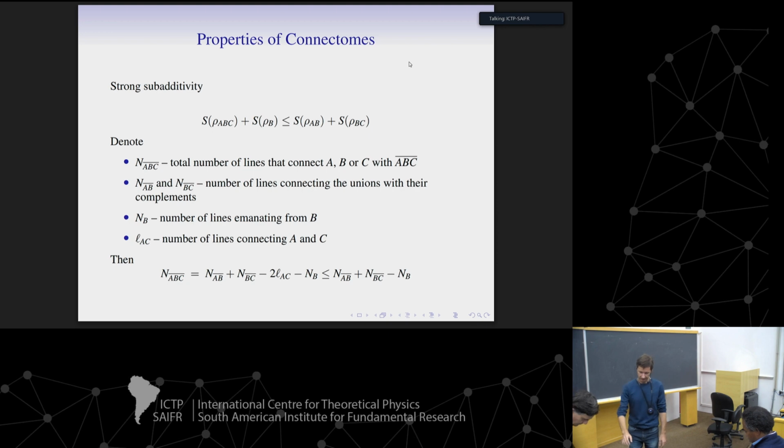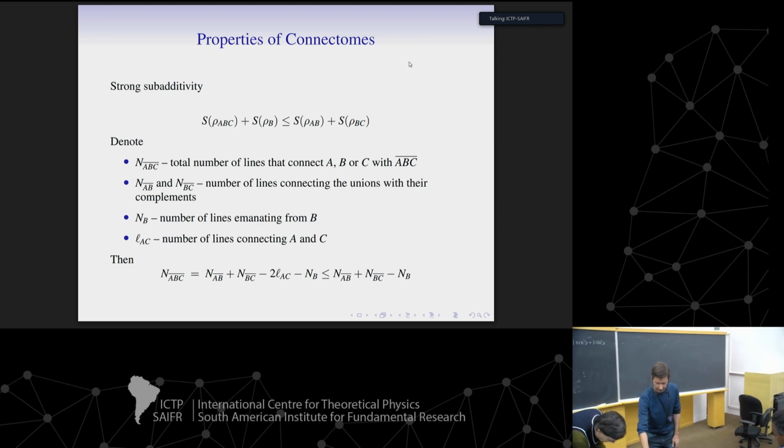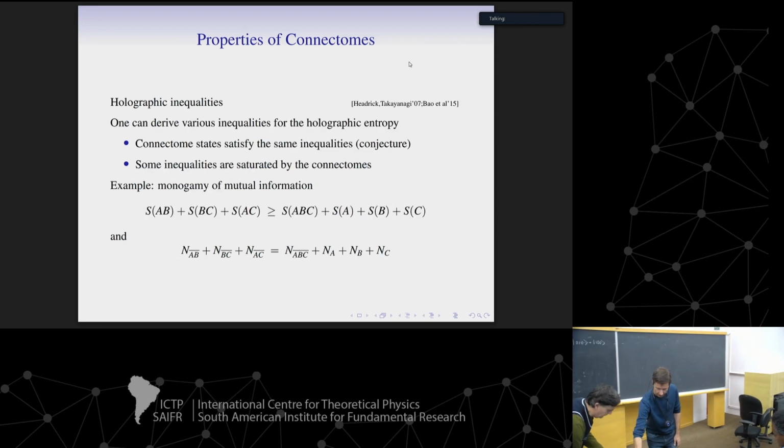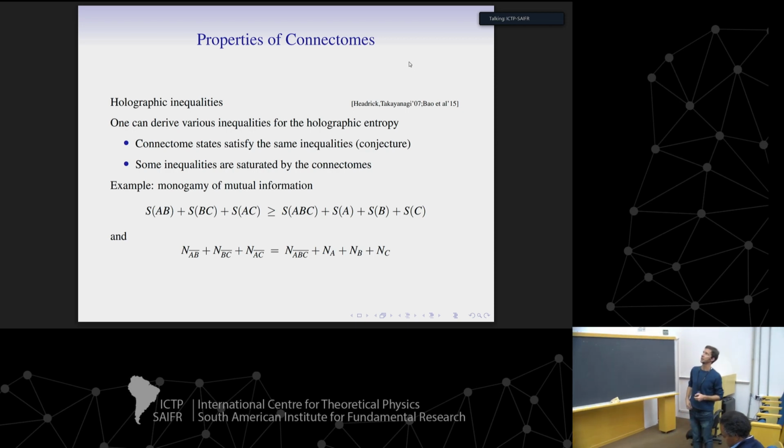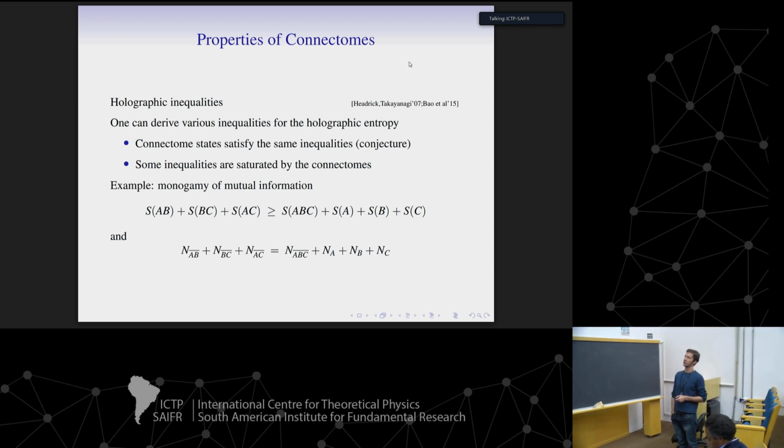I haven't tried this. But this kind of analysis can hint and indicate some other types of inequalities. So you can first try to guess the inequalities by counting the lines, and then check whether this is true in quantum mechanics. In particular, the monogamy of mutual information, in terms of line counting, is actually saturated.